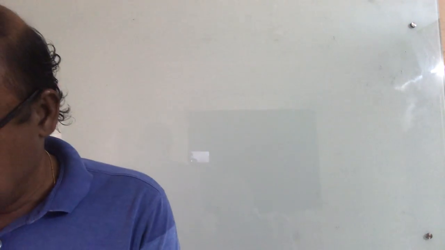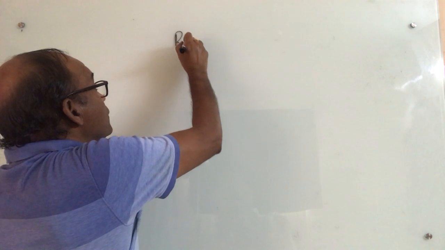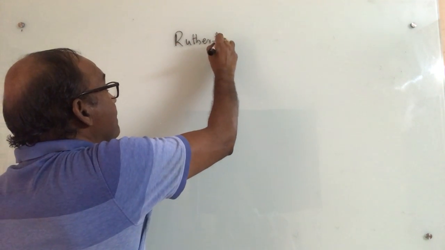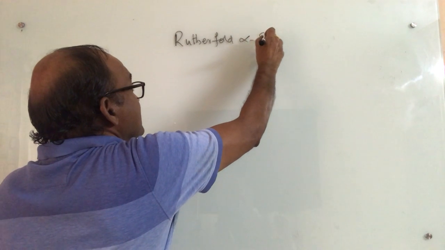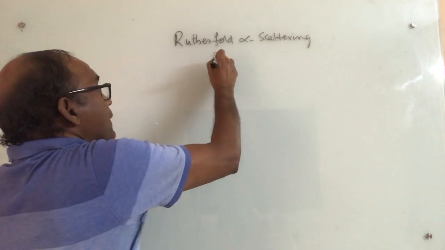Rutherford, around the year 1911, and his students Marsden and Geiger, conducted the Rutherford alpha scattering experiment.